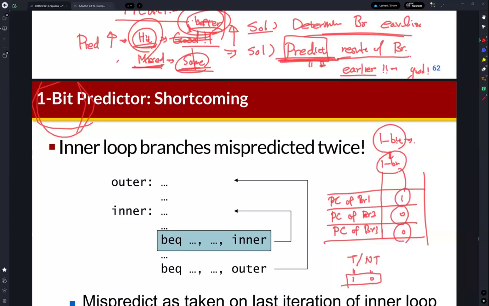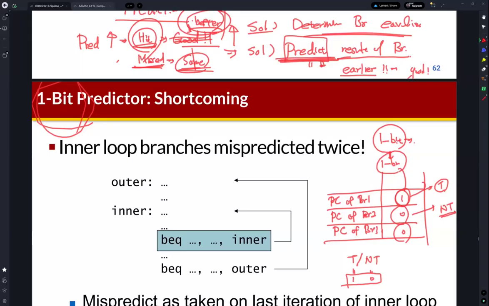With the one-bit predictor, if the previous result is taken, then we predict the result of the next branch instruction as taken. When it's not taken, then we predict the result of the next branch instruction is not taken.